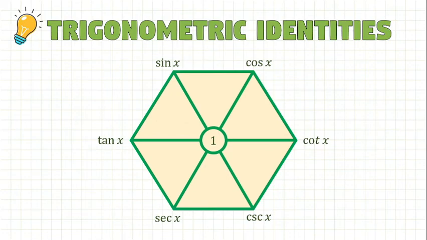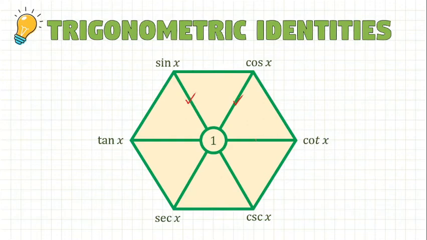This hexagon will help us construct the fundamental trigonometric identities, especially the first three, namely the reciprocal, quotient, and Pythagorean identities. Let us start with the reciprocal identities. You can see the reciprocal identities on the lines inside the hexagon. We have these 6 lines here.